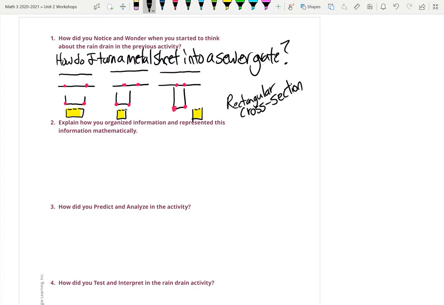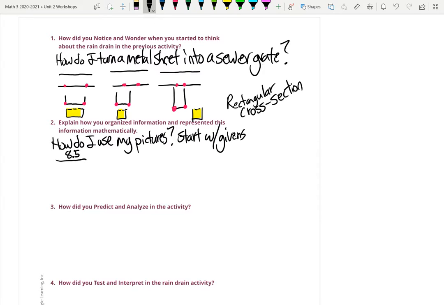Now, how do I use my pictures? You start with your givens. So let's go ahead and start labeling some of these. I have a picture. It's 8.5. And let me go ahead and fold it 1 inch in.